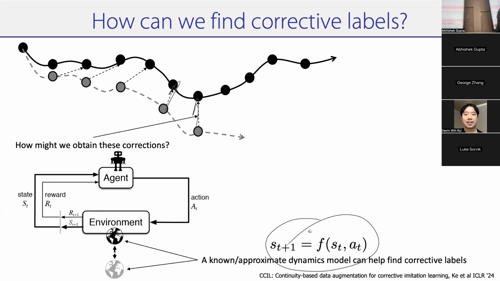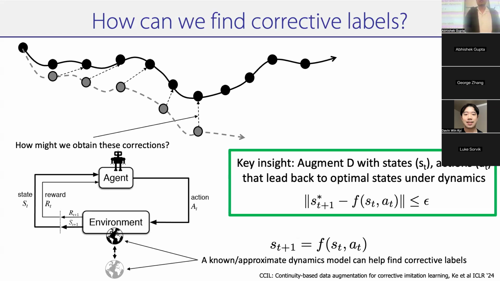And so that's the key idea behind this next thing, which we call CCIL. But CCIL basically just says, if you want to find ways to correct your behavior, you can either use a human, or if you had a model of the world, you can just solve through the model of the world. As the model of the world tells you how the world works. And if you know how the world works, then you know that if you were here, if you fed in this action, you would come back here.